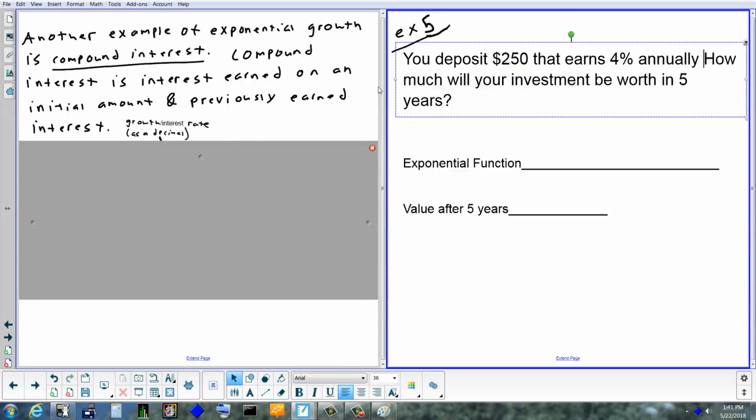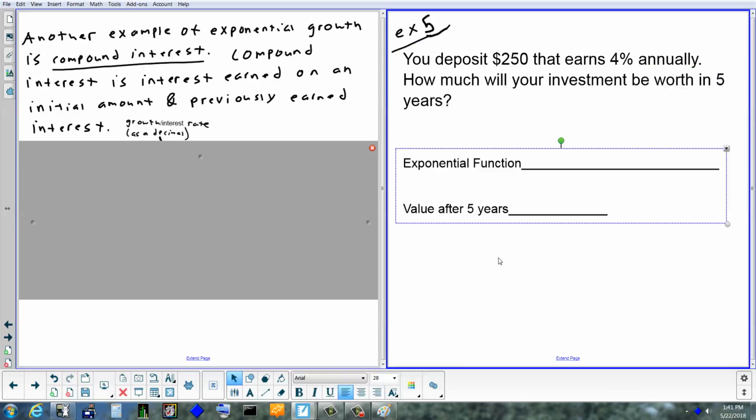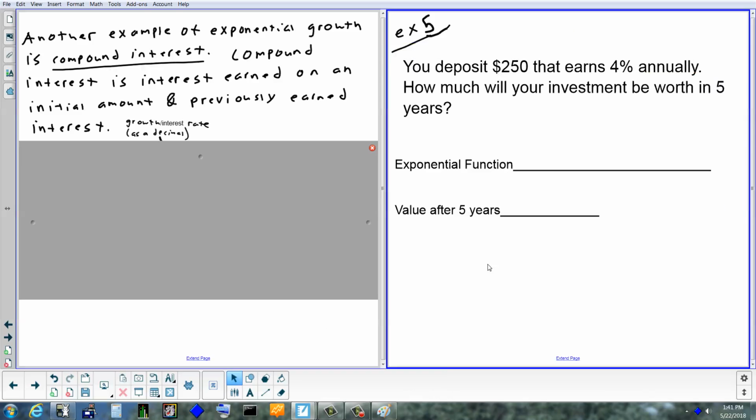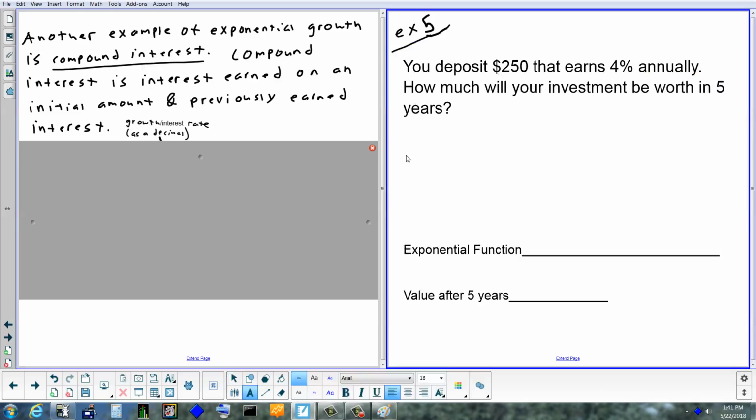Mr. Hager and myself, our parents own houses, so we have to take out a mortgage to pay for the house. Because you're borrowing money from that bank, you have to pay them interest. If you're putting money in an account with a bank, they pay you money back. If you're borrowing from them, you pay them back.